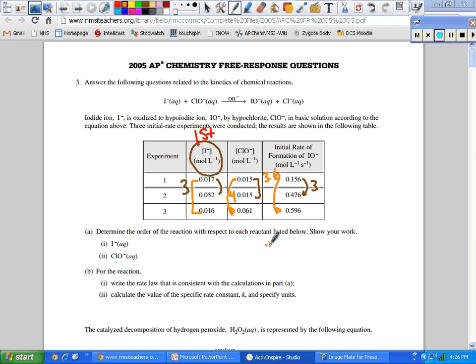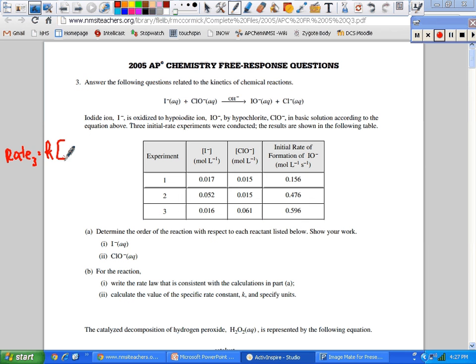Let me just show you how it's done, based on what they have. All right, so this is what they did. They did rate 3 equals the K of I3.